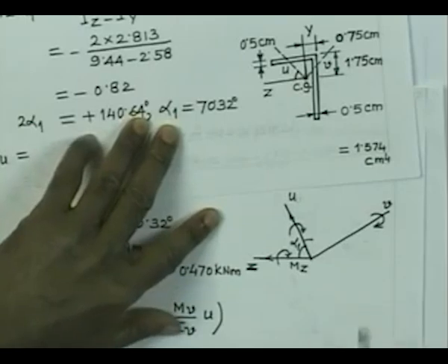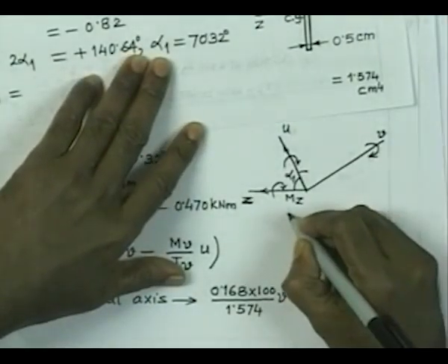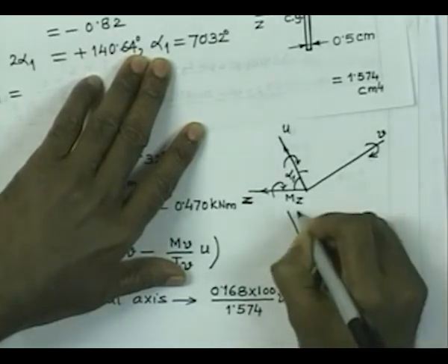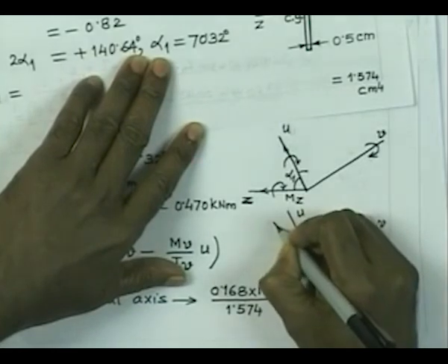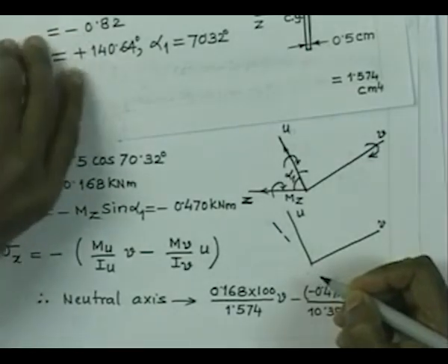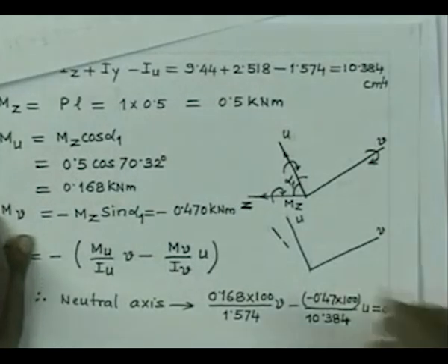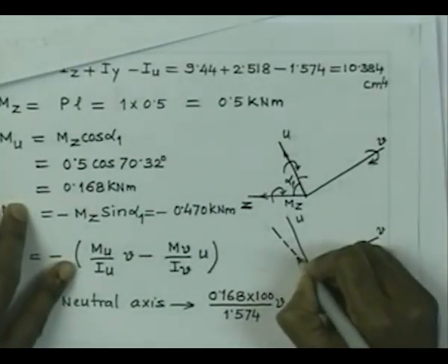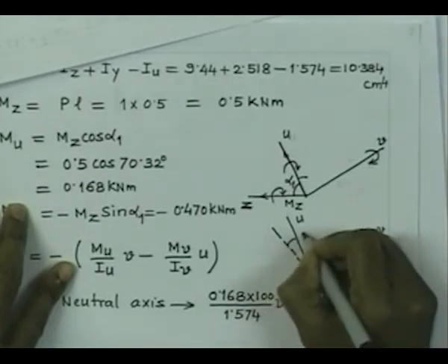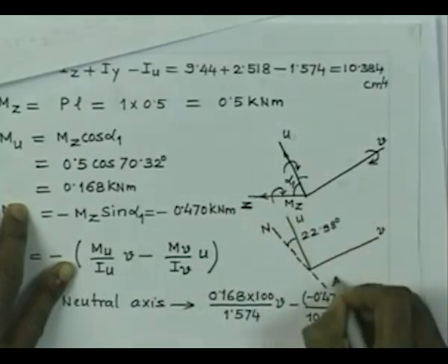Now, the neutral axis is going to make an angle of minus, so this is my direction u, this is v, and it is going to make an angle of minus 22.98 degrees. So, this is the angle, and this is the neutral axis of the cross section.